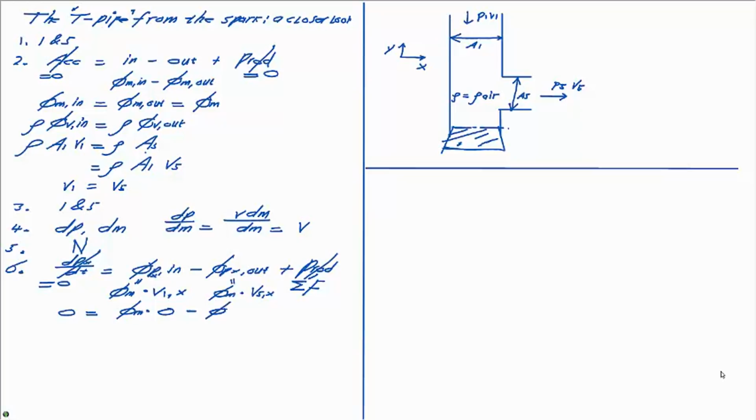Then the x component of v5 is simply the magnitude of v5, so we are left with this equation. Then you can also rewrite v5, because from question 2 you know that v5 is equal to v1, and then you have the final answer.